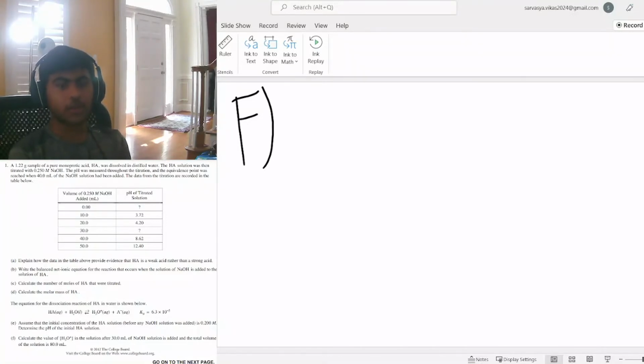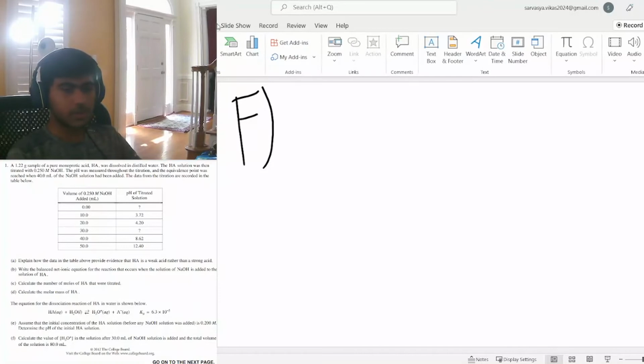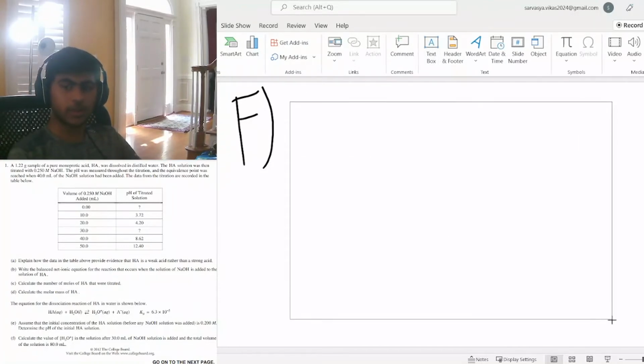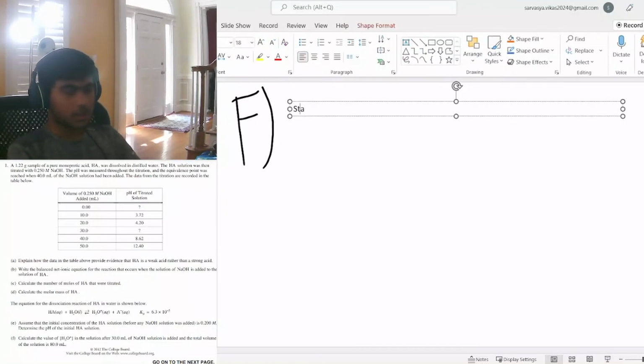We started with 50 milliliters, and now 30 milliliters of NaOH have been added. Let me make a text box so we can write down what we're thinking.